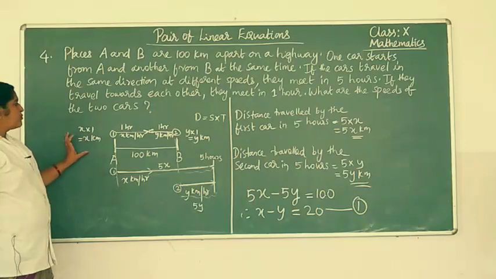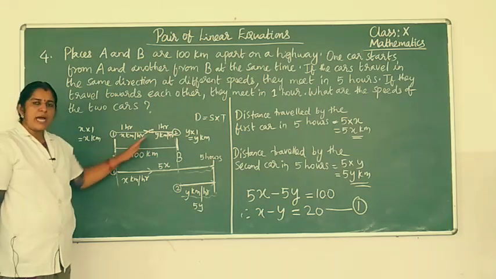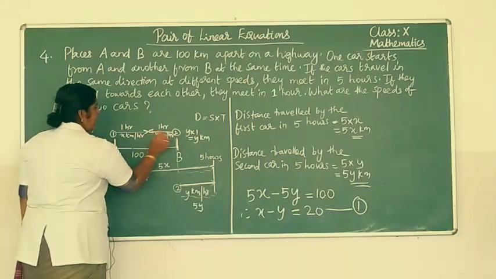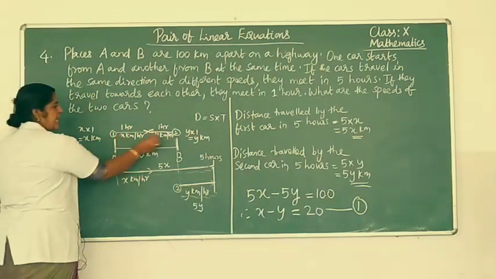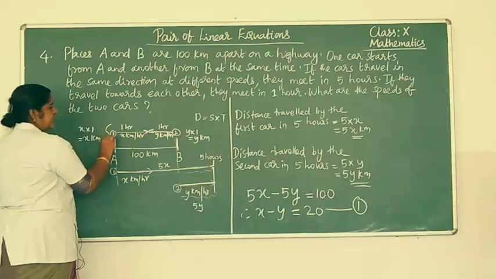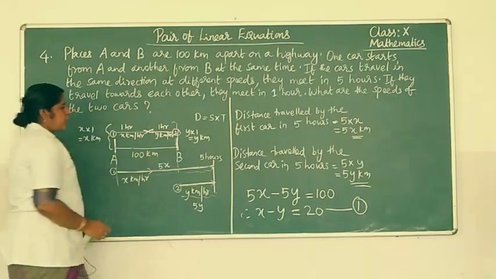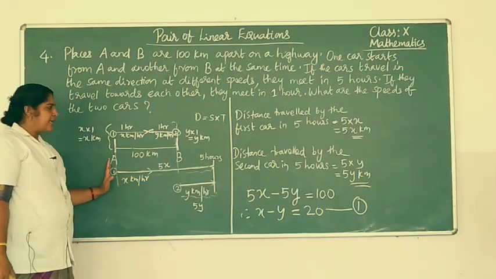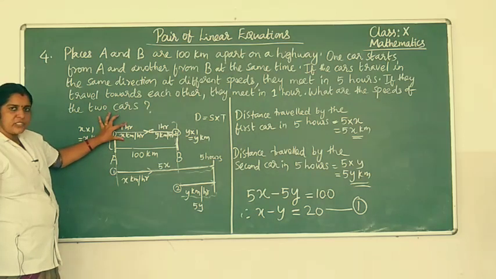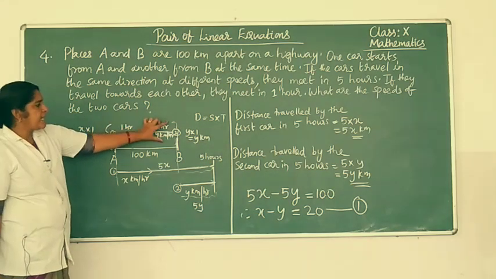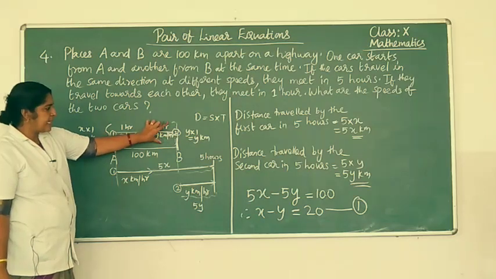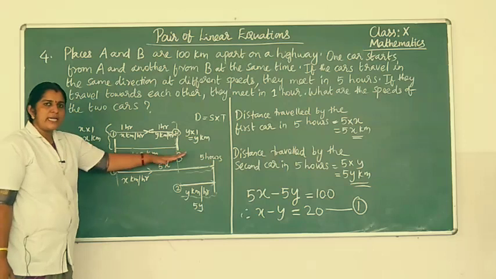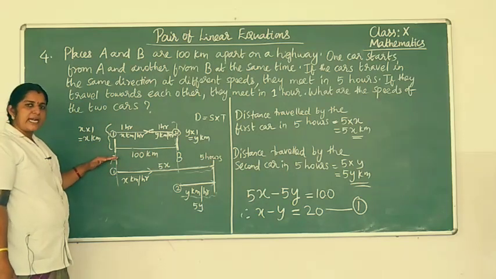Because the two cars are travelling towards each other, the distance x travelled by the first car and the distance y travelled by the second car, the sum of the two distances will be equal to the total distance between the two places A and B, 100 kilometers.